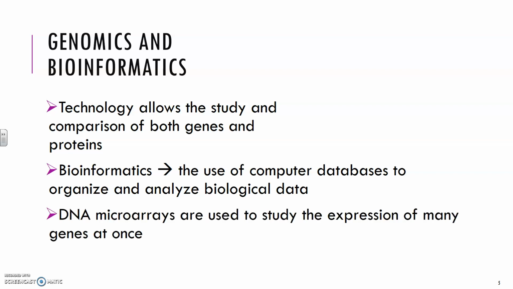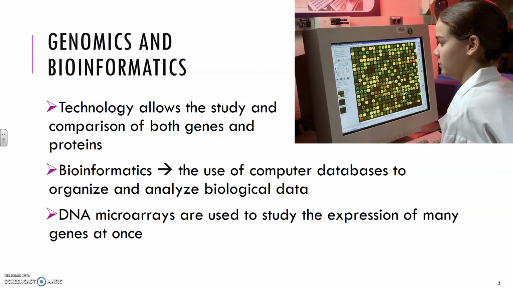You also have what's known as a DNA microarray. These are used to study the expression, or going from DNA to proteins, of many genes at once. They end up looking kind of like this, where they light up different colors based on positive or negative results. These are relatively nice because you get to look at hundreds to thousands of results all at once, and oftentimes you can get the computer to analyze a lot of this as well.